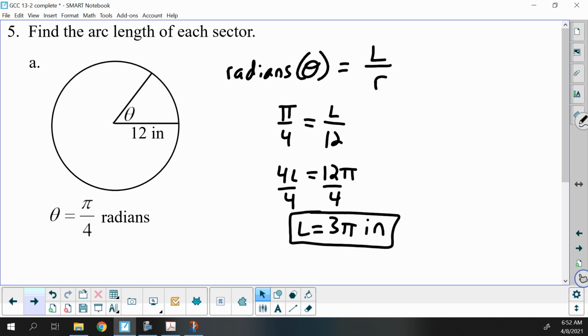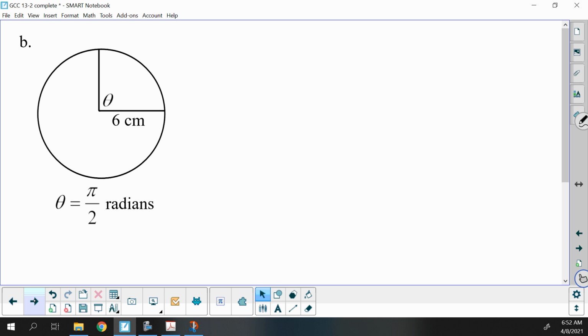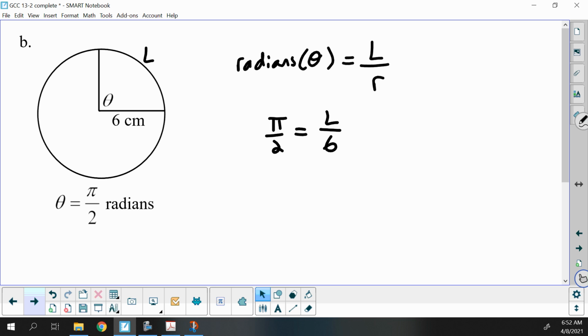So again, this is only if your angle were to be in radians. Okay, and it's just a different unit of measure. So we again want to find the arc length, L. We know our angle in radians and we know our radius. So our angle in radians should be equal to the arc length over the radius. So this time we have pi over 2 for the angle in radians. We don't know our arc length, but our radius is 6.